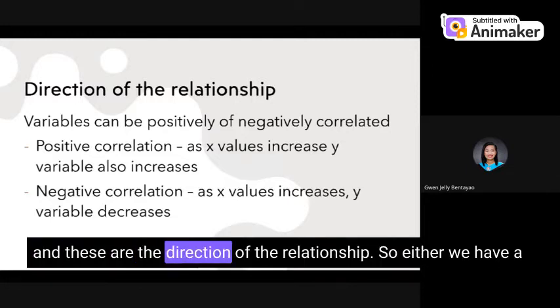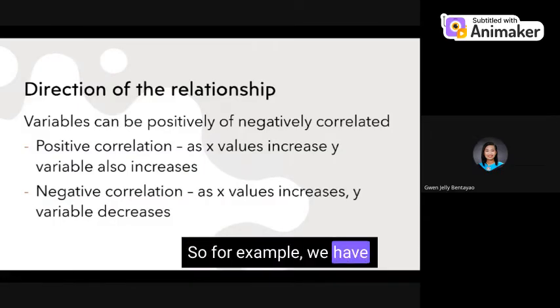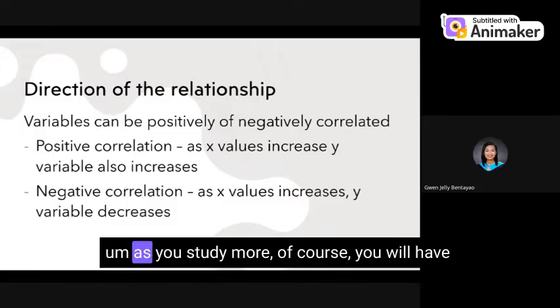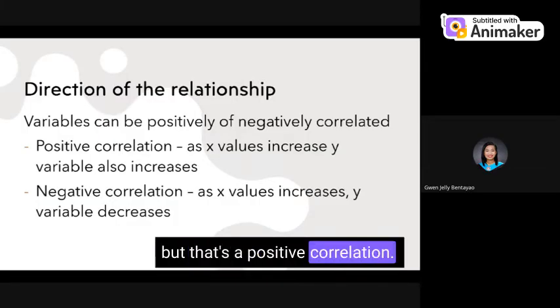And these are the directions of the relationship. Either we have a positive correlation or a negative correlation. For example, as you study more, of course, you will have a great score in the exam, hopefully. So that's a positive correlation.